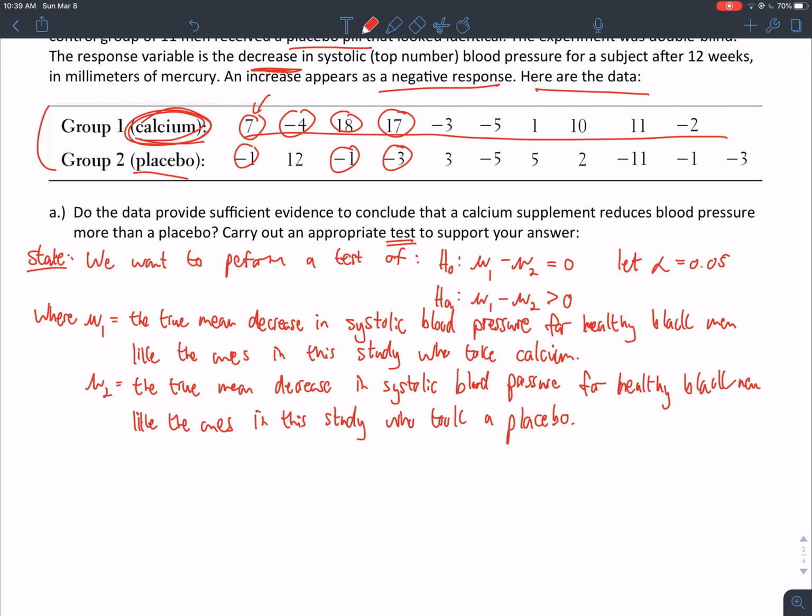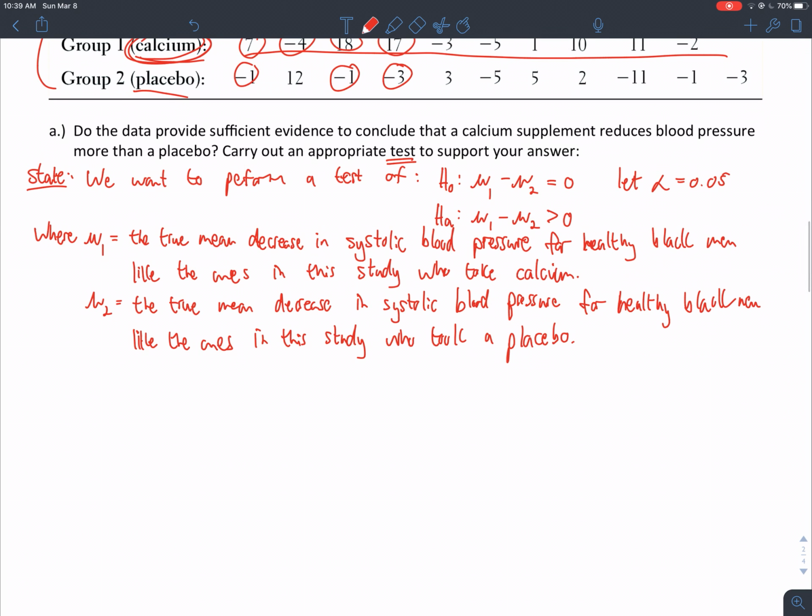Something like that. That's a long state step. Very important though to get at least completely get this correct. That's a huge problem if you get that wrong. Think about it carefully.